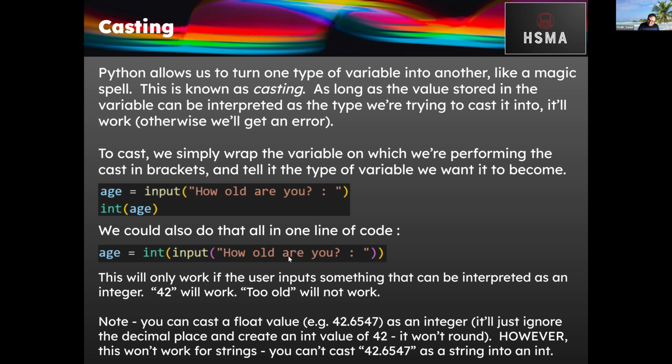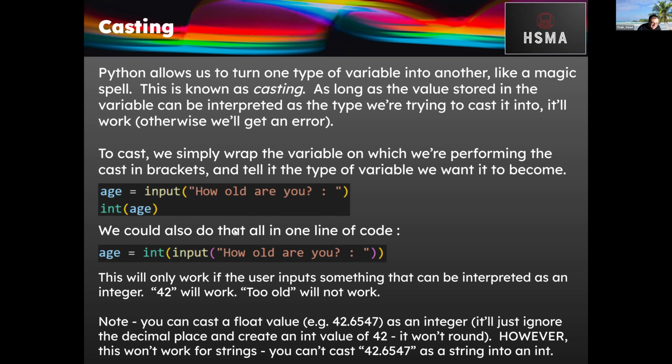That will pass back an output, remember, whatever the user's typed in. That output will then be used as the input to the integer function, which will cast it as an integer. So the characters 4 and 2 will be passed in and cast as an integer, and then that value will be stored in age.